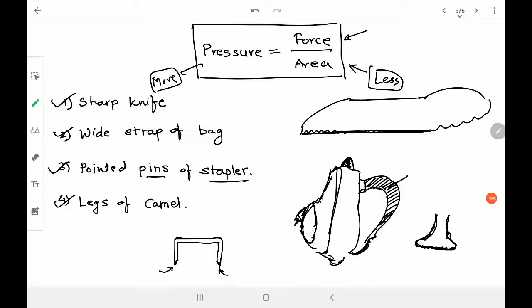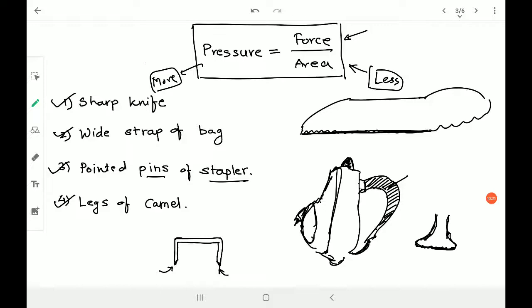That's the reason camels can easily walk on the sand, whereas you and I will take really hard effort to walk on the sand, right? Even in the snow, you need wide shoes or snowshoes to walk on the snow, right? You must have observed that. That is due to more the area, less the pressure, right? Is this clear?